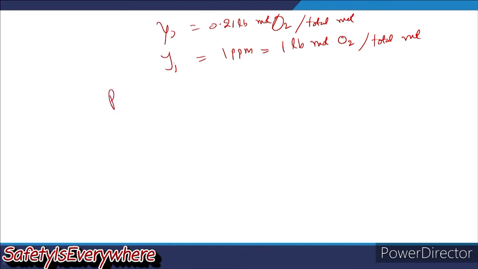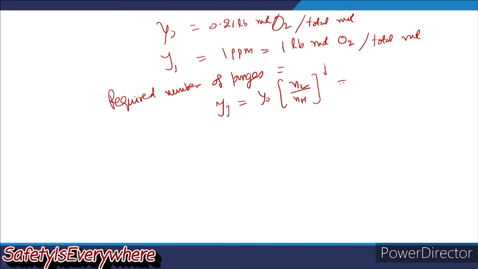So the required number of purges: Yj is equal to Y naught NL upon NH to the power j, which is equal to Y naught PL upon PH to the power j.